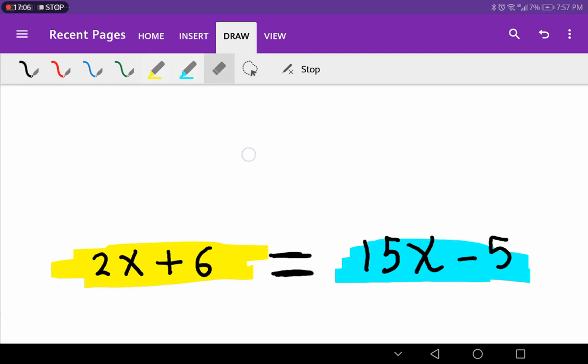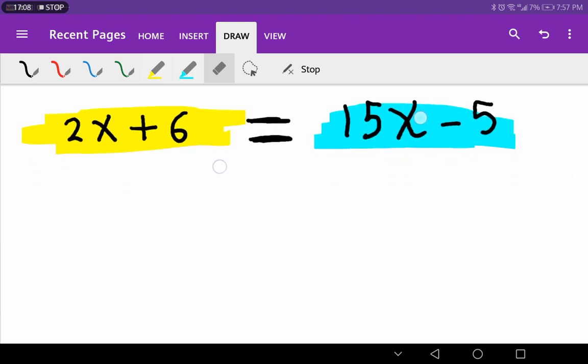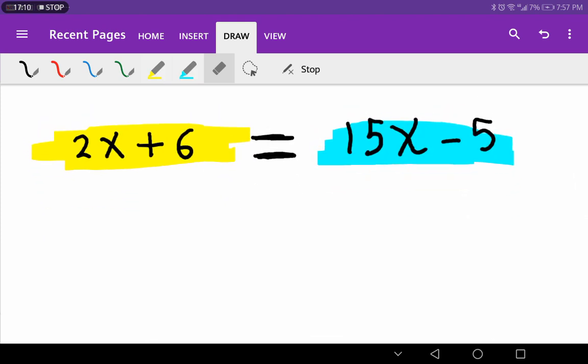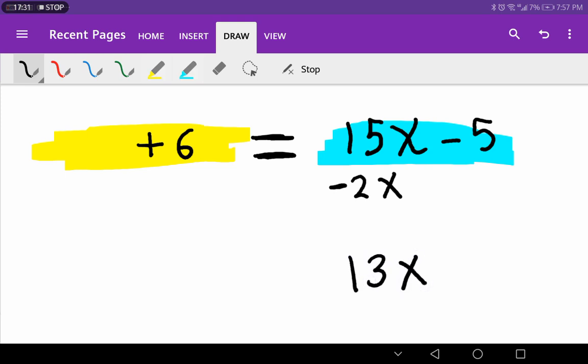Now the proportion will be like this one, left and right sides. Now we move this small quantity of x to the biggest quantity of x, and don't forget to opposite the sign. So this will be 13x, negative 5 equal 6.